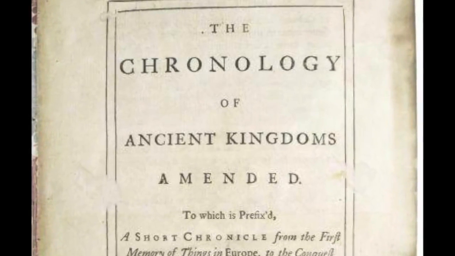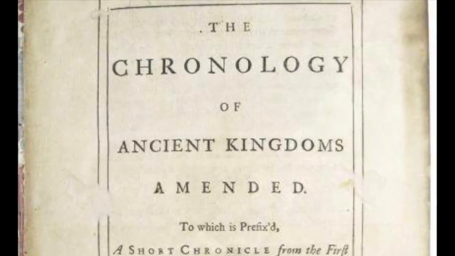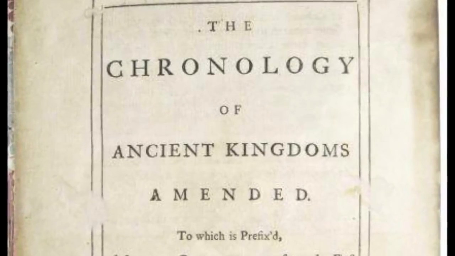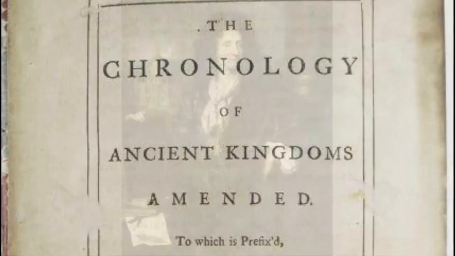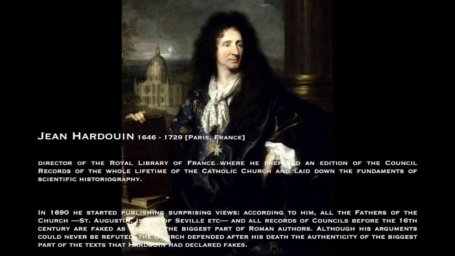Those who are further interested can find more detail in his book Chronology of Ancient Kingdoms Amended. Jan Hardwin was one of the most educated men of his time, and he also argued against the validity of this Scaligerian history.